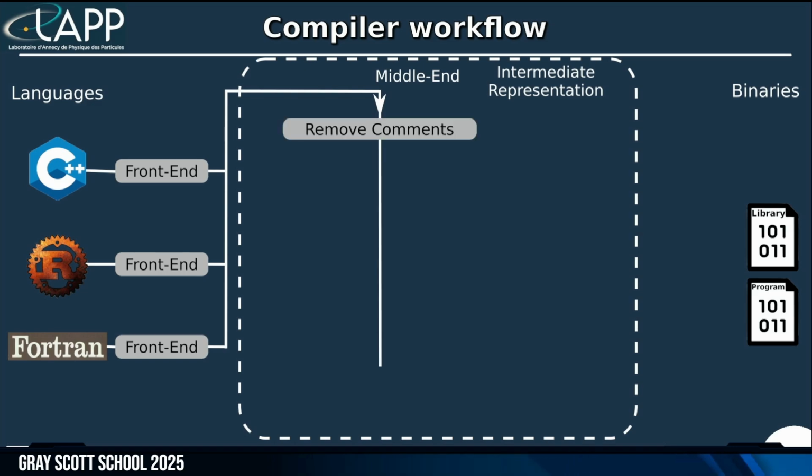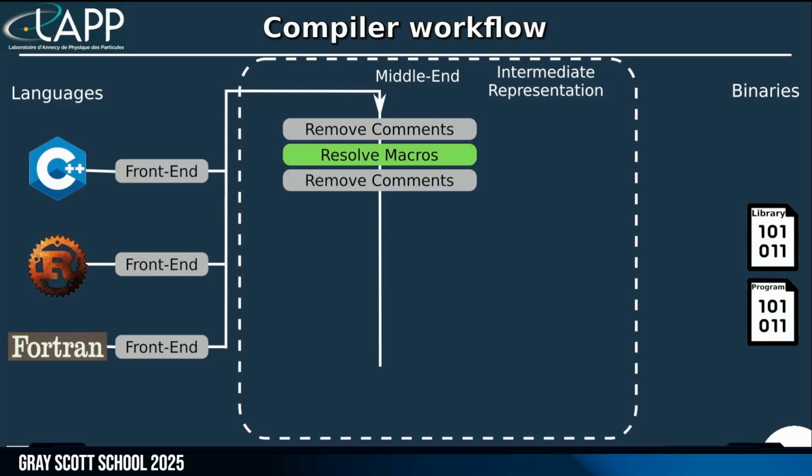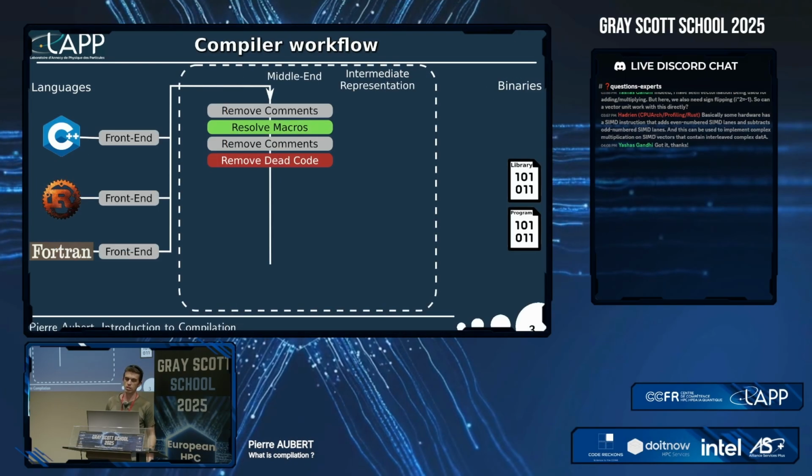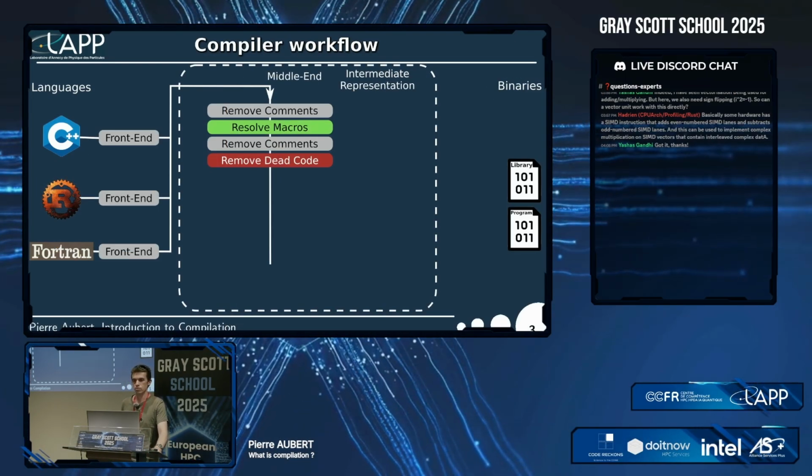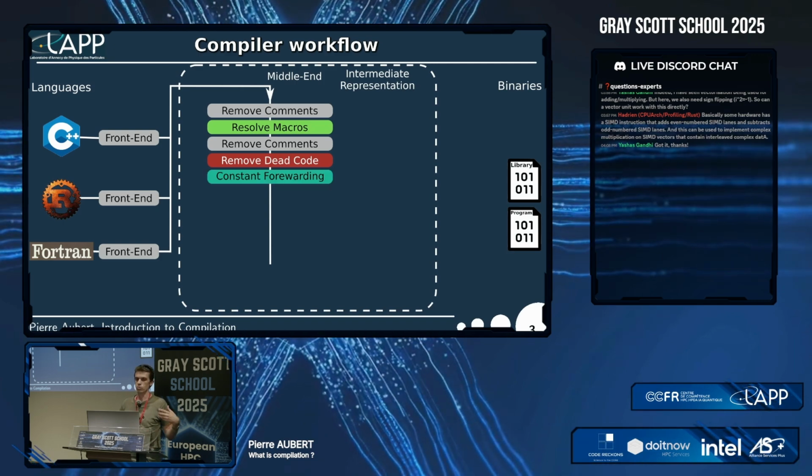So the first one might be to remove some comments, because you don't want comments in your binary. And then you can maybe resolve macros. But when you resolve macros, maybe macros will create some comments, so you can remove comments again. And maybe we can remove dead code because we have macros, maybe they resolve something, and we can remove dead code. Then you can increase the compilation flags, and you can do some constant forwarding.